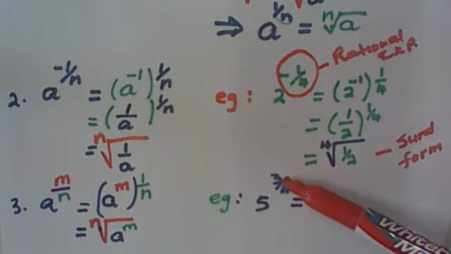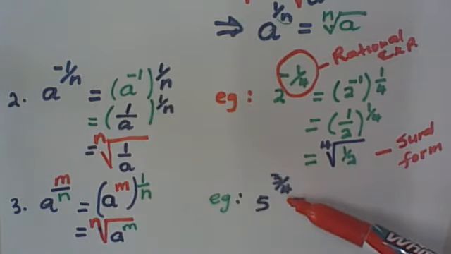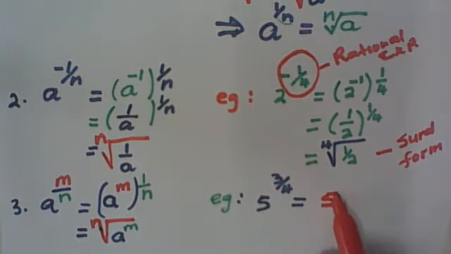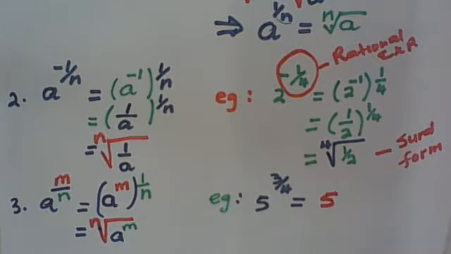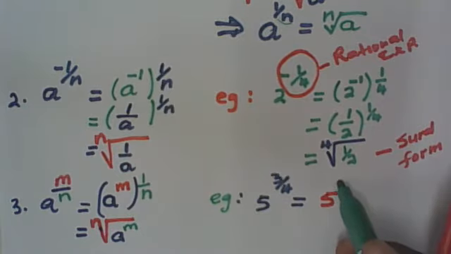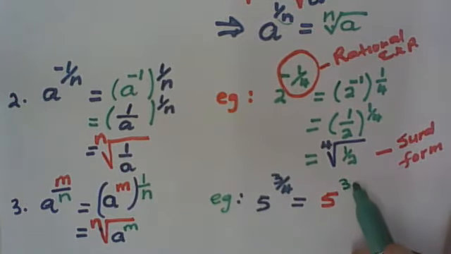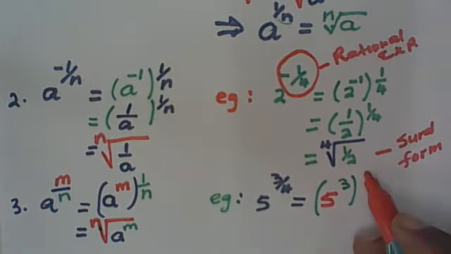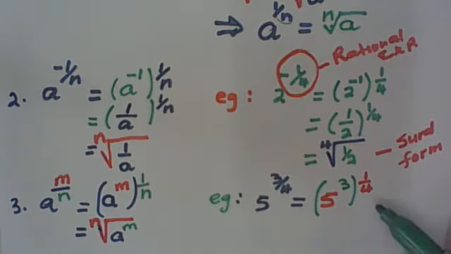This is going to be 3 multiplied by 1 over 4. Now the base remains being like that. Now we change this. It's 3, then close bracket, and then 1 over 4. This symbolizes the surd form.